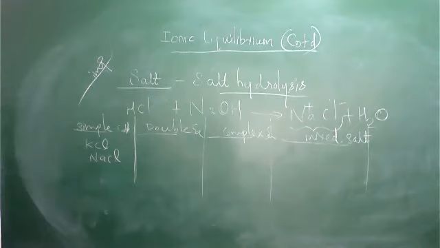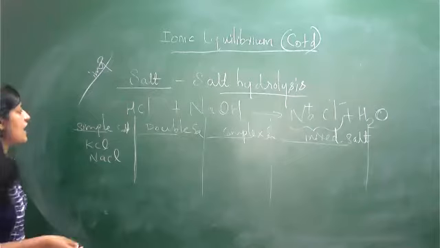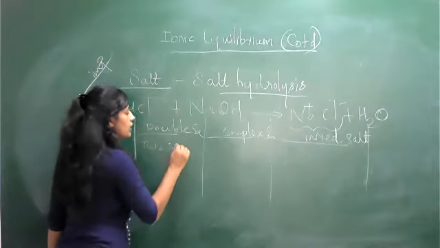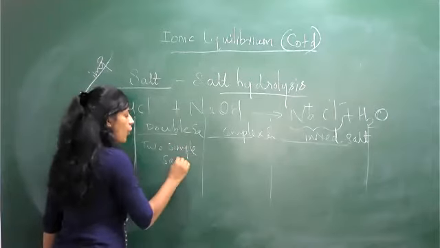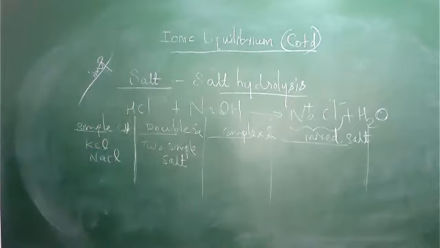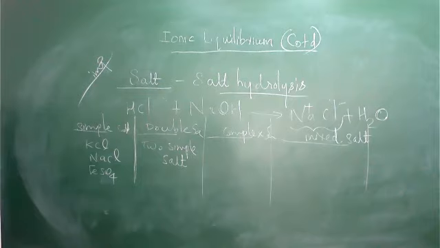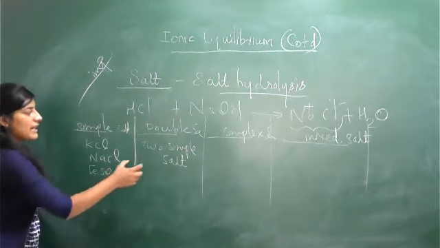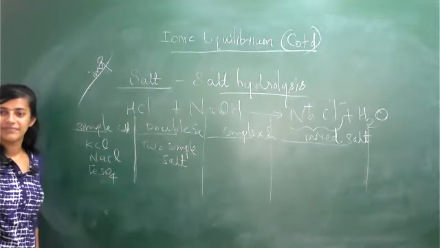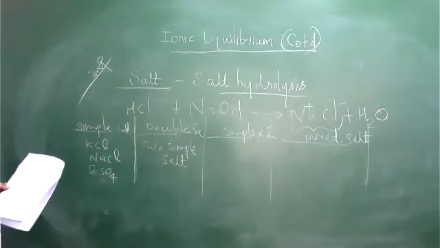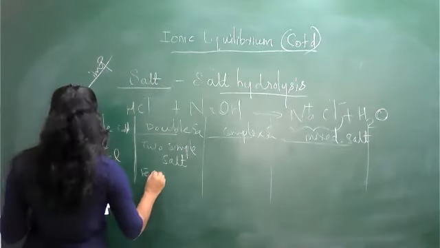Next one is double salt. A double salt is formed by the combination of two simple salts. Suppose FeSO4, ferrous sulfate, is a simple salt.